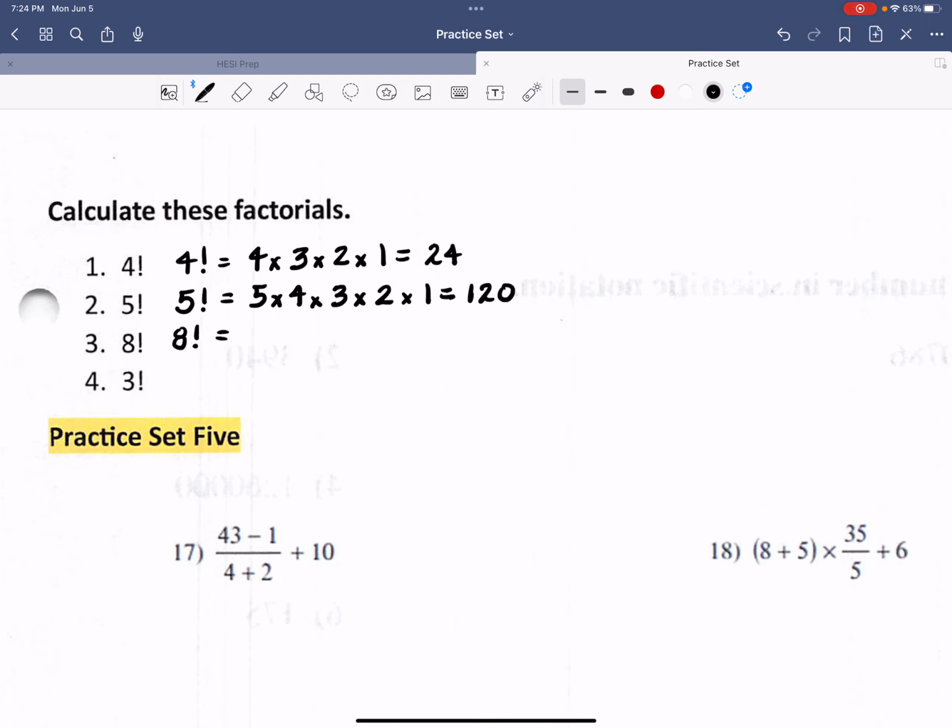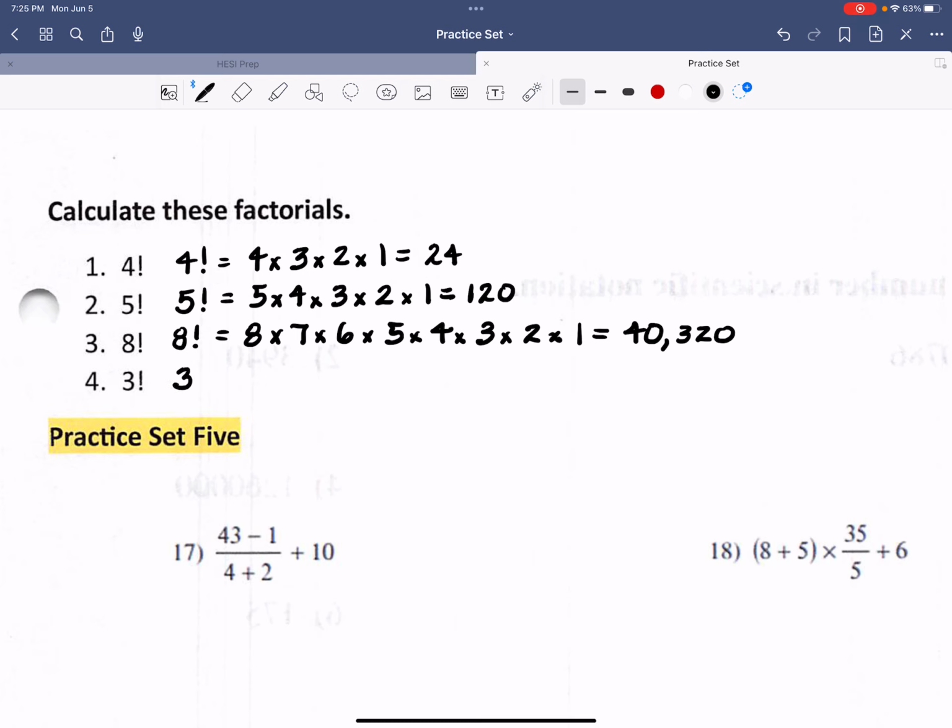8 factorial. I believe it's 40,000 something, but I can't remember. So let's work it out here. You don't use this type of math very often, but I had to take a whole semester of this stuff, so I got really used to these. 8 times 7 times 6 times 5 times 4 times 3 times 2 times 1 equals, I was close, 40,320.